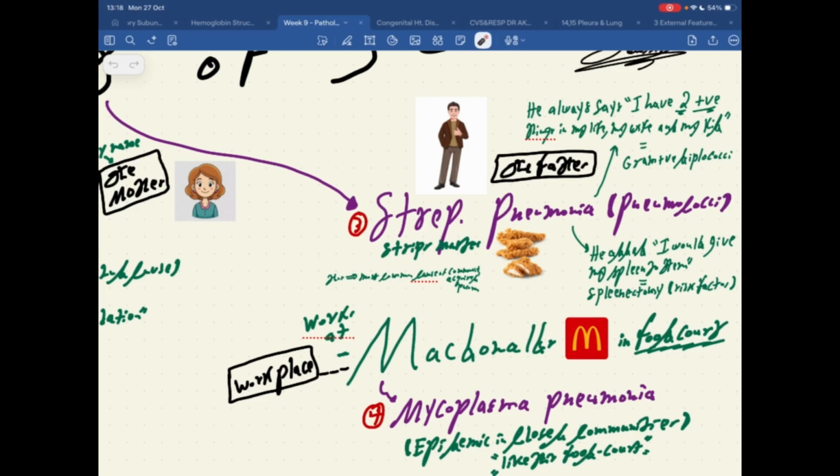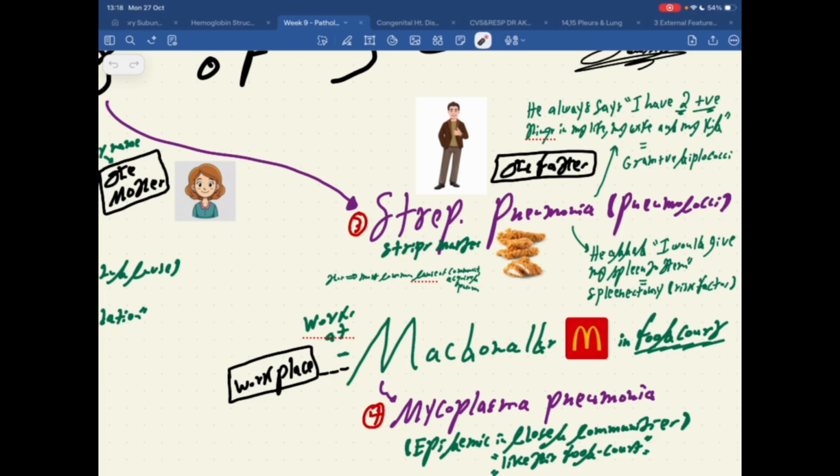And usually in our body, our spleen is very good at getting rid of these encapsulated organisms, like strep pneumonia here, okay? This bacteria. And this is why if we have a splenectomy, we remove the spleen, getting strep pneumonia will be much more common. That's why it's a risk factor if you have a splenectomy, okay?